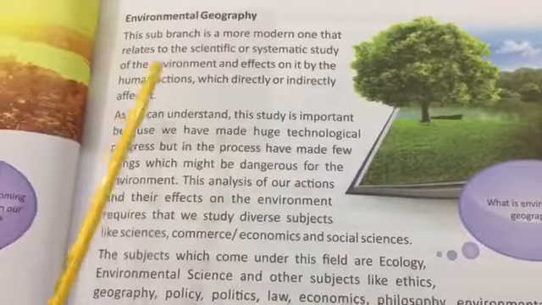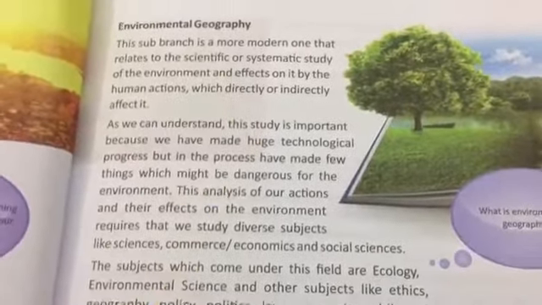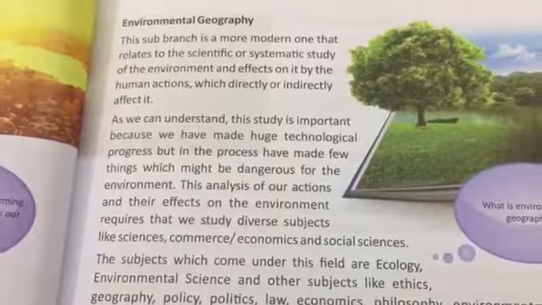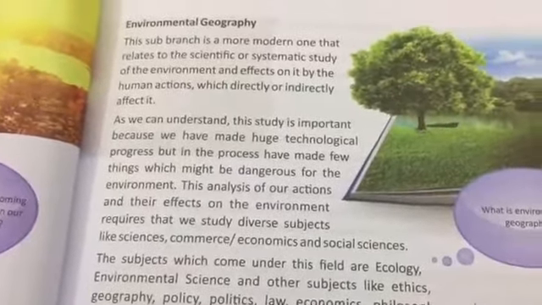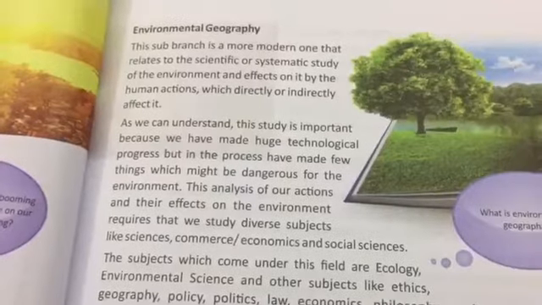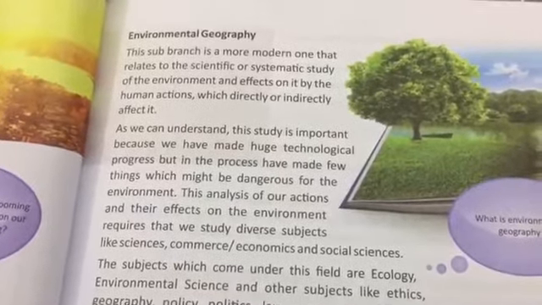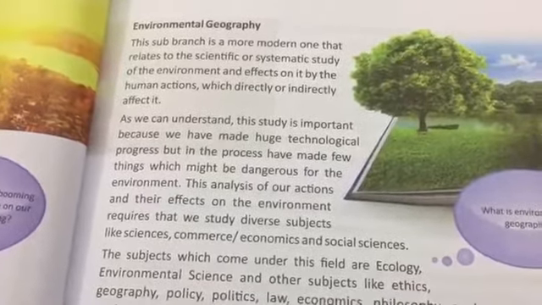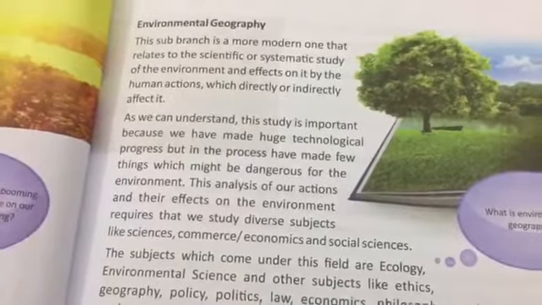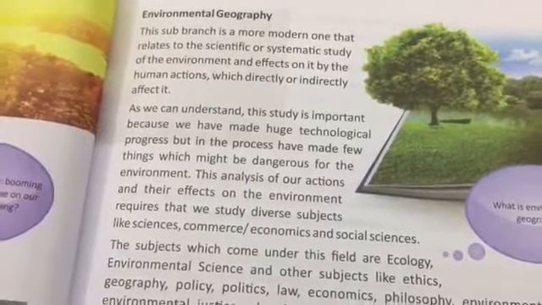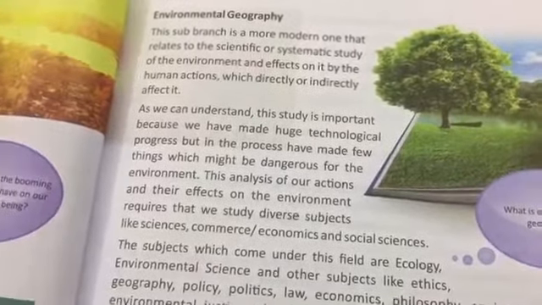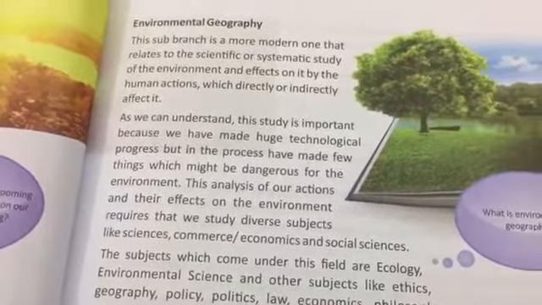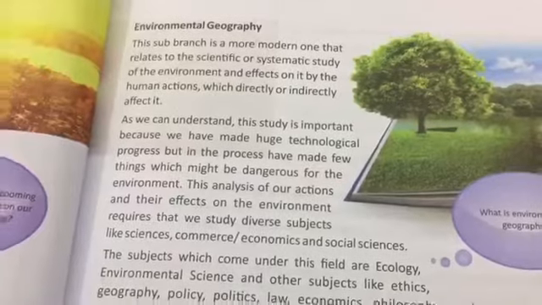So in this paragraph they are saying that this study tells us about how our technological progress has affected the environment around us. We are developing new things, we are making new technologies, and due to those new technologies, the environment around us is being damaged badly.